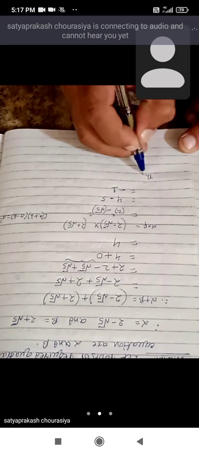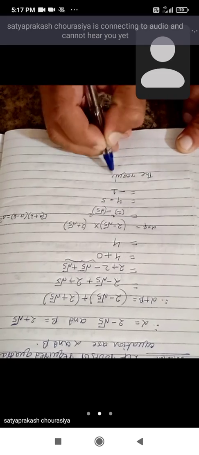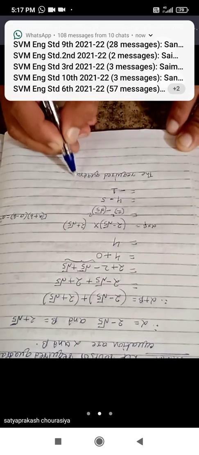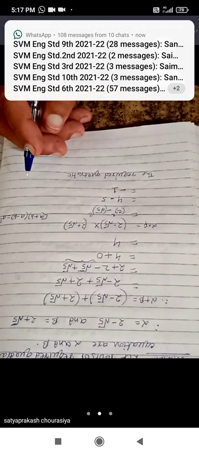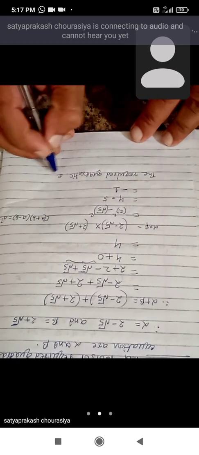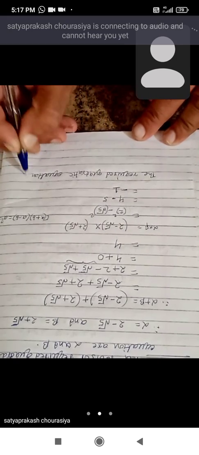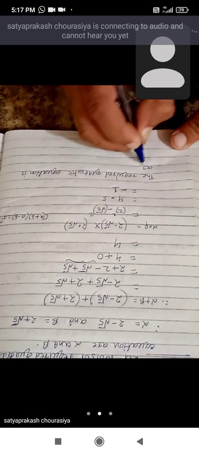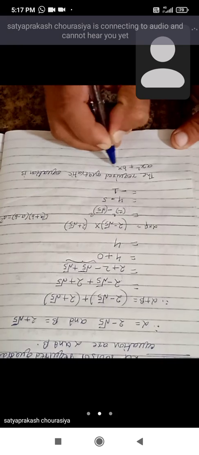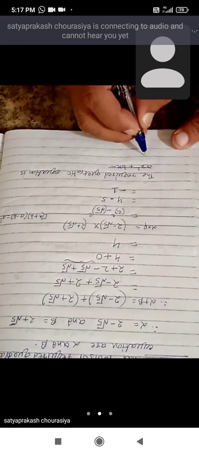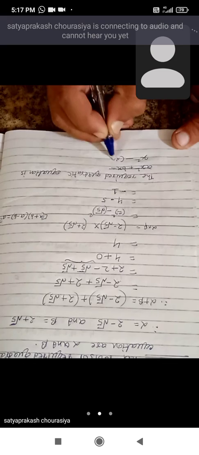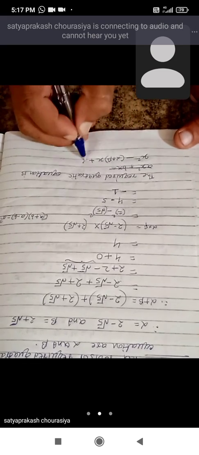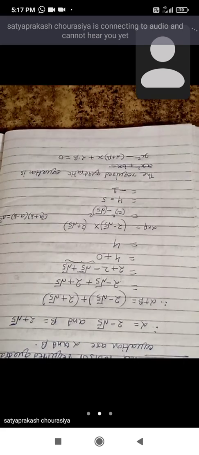Now the required quadratic equation is x square minus alpha plus beta x plus alpha into beta is equal to 0.